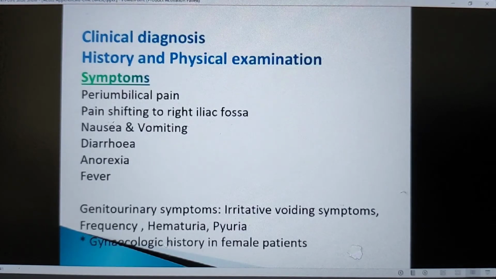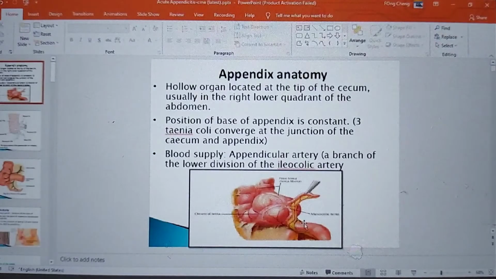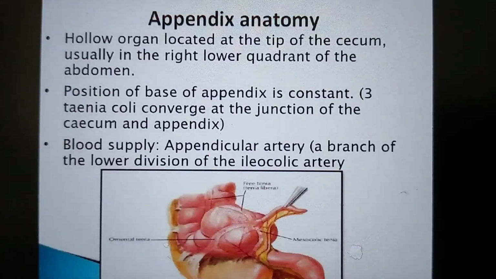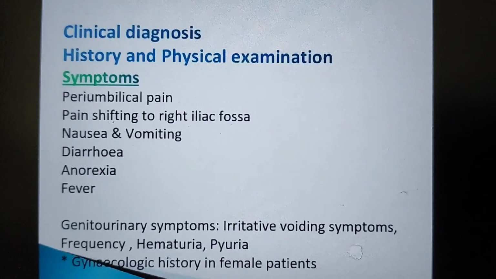For clinical diagnosis, we can know the possibility of acute appendicitis by the Alvarado scoring. In the history and physical examination, for the symptoms, we have to look for any periumbilical pain, any migrating pain, where the pain starts from, and whether it radiates to the right iliac fossa.